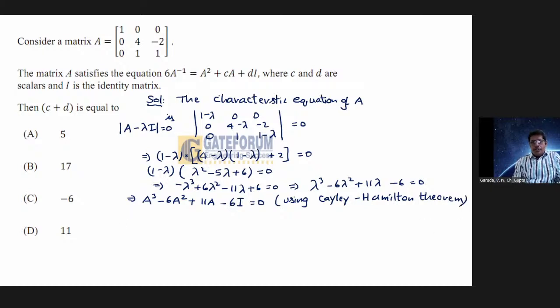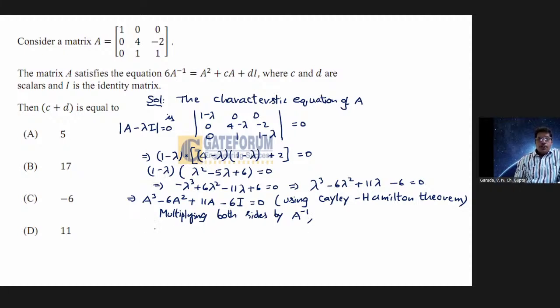Now, the question is related to A inverse, so multiplying both sides by A inverse. We get, every term multiplied by A inverse.